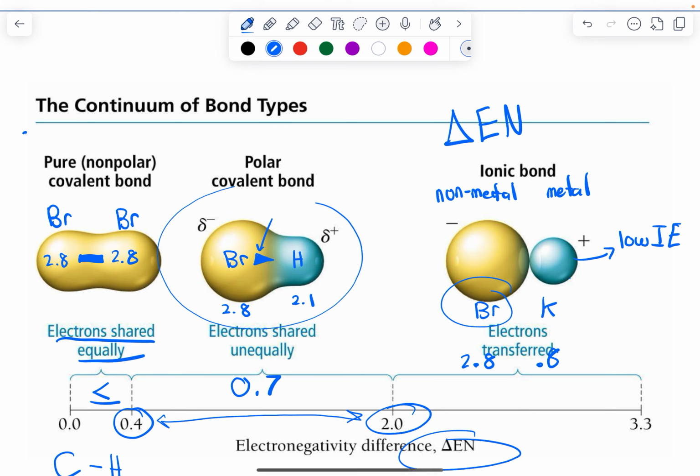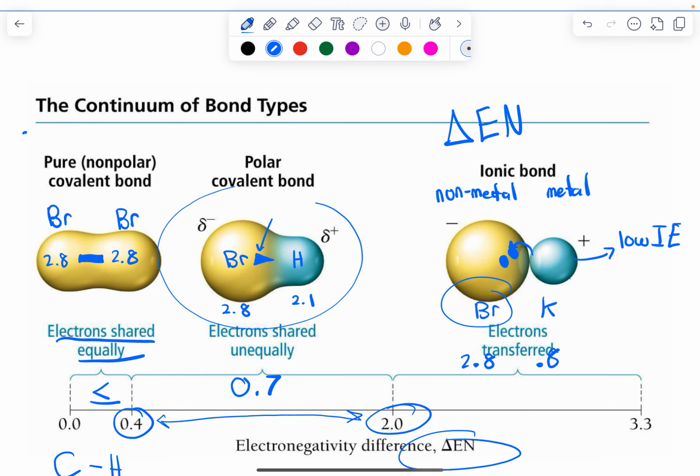They're spending more of their time over by the bromine. Whereas in the ionic bond, the electron has completely moved over to the bromine. It's actually the two electrons, the one that it came with and then the one from the potassium. You can think of them as they were a bond, but then it got completely pulled away from the potassium.